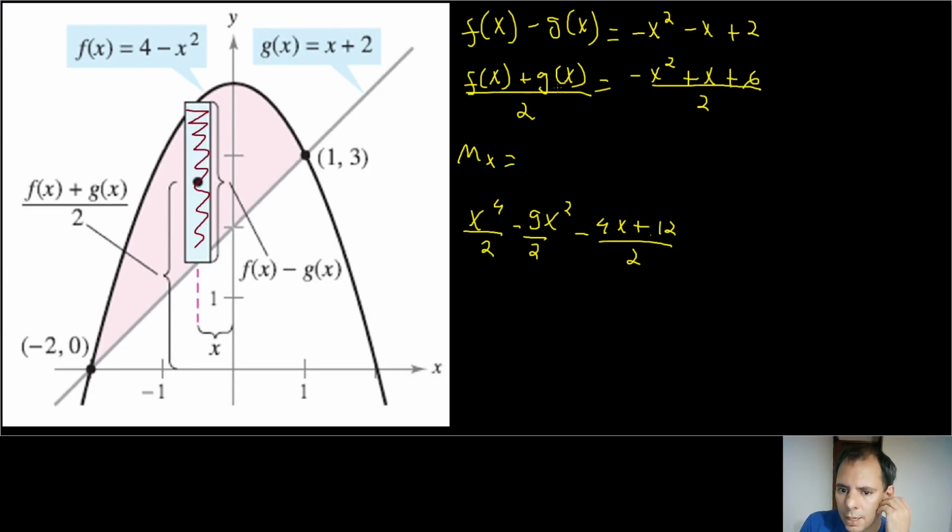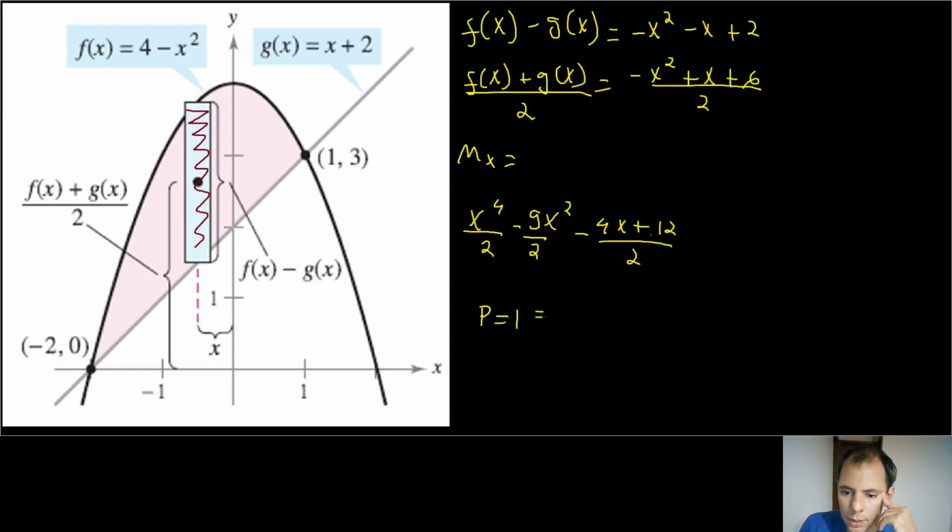This is this times this stuff. And M about the x is going to be this thing times dx, which is going to give you the area. There's something else. You see the density here is to be considered 1. So it'll be this thing, the area.